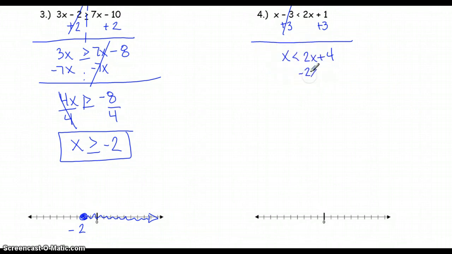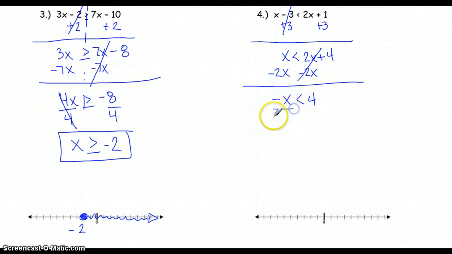We're going to subtract the 2x. And those terms cancel. 1x minus 2x is a negative x, which is less than 4. But remember, you don't want a negative x. So to get rid of that negative, we divide both sides by negative 1.